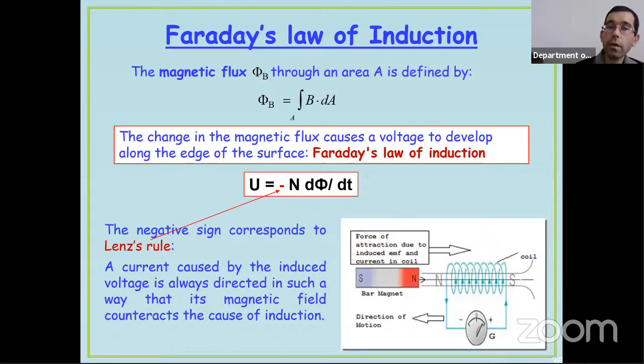In the following, we are going to talk about an important law: Faraday's law of induction. Faraday's law of induction is based on a dream. Faraday wanted to separate the source of electricity from the place where it's consumed.